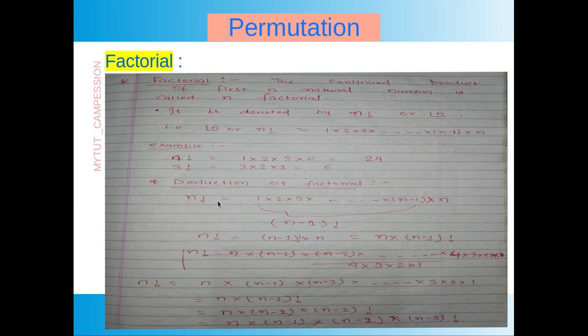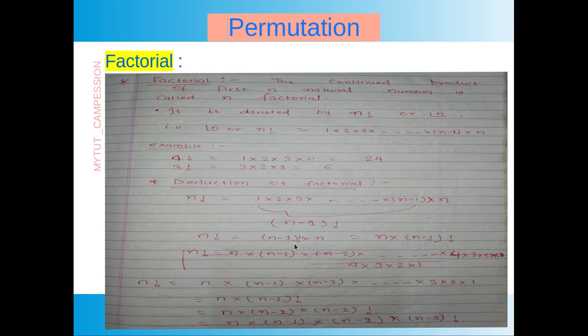Now we see deduction of factorial. How to deduct a factorial? n factorial equals 1 into 2 into 3 into ... into n minus 1 into n. Now 1 into 2 into 3 into ... up to n minus 1 we can write as n minus 1 factorial.